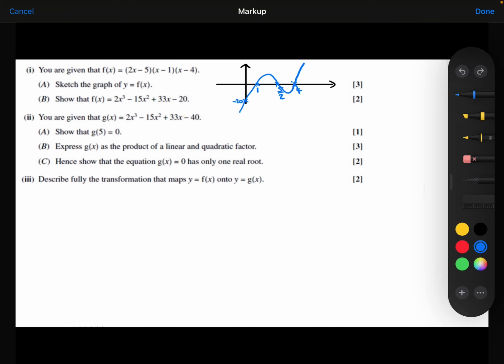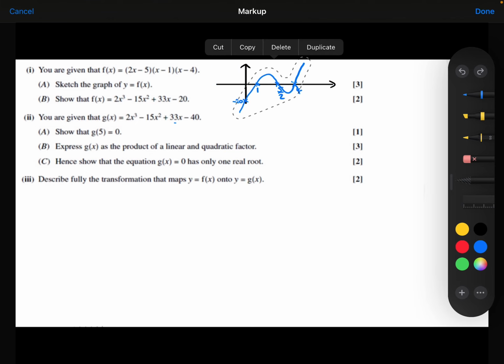So straight away I'm thinking that g of x is equal to f of x just minus 20. This is the same thing as this minus 20. If I take 20 away from this, I get this. So what's happening here is we've got the graph that we've just drawn in part A minus 20 in the y direction.